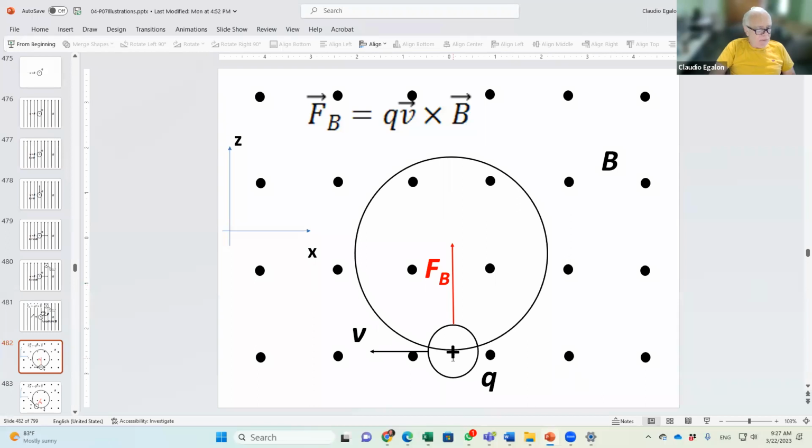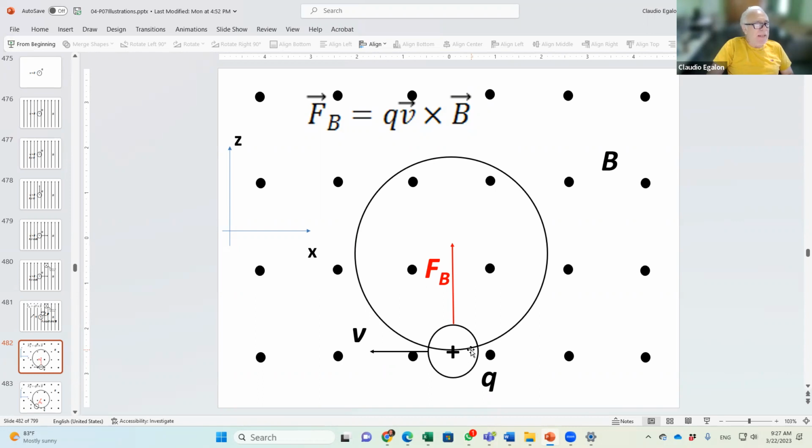And let's say the charged particle has a velocity vector that's still perpendicular to the magnetic field line. You do the right-hand rule, v cross B, the force is going to be simultaneously perpendicular to the velocity vector and the magnetic field.